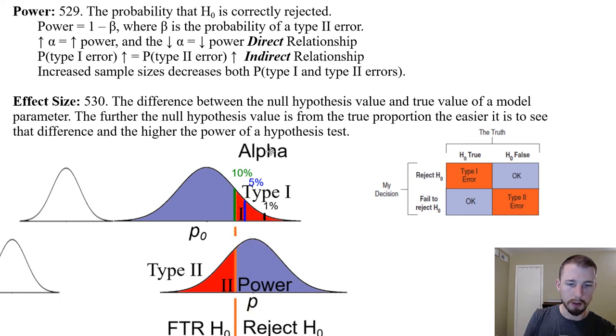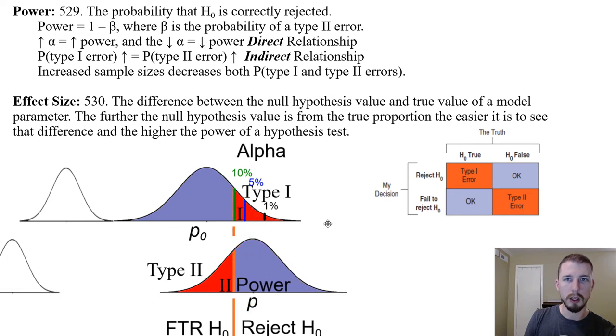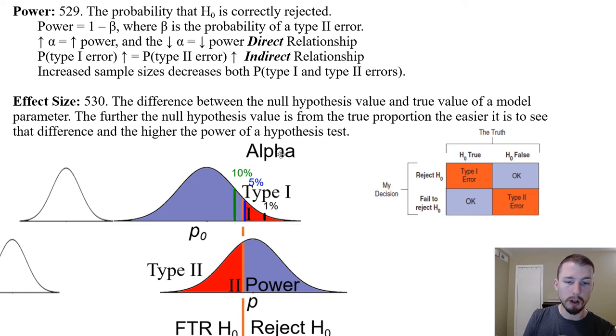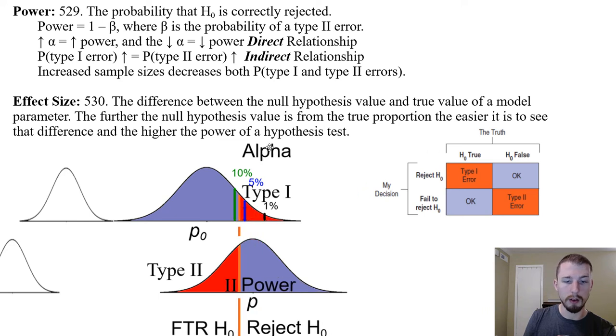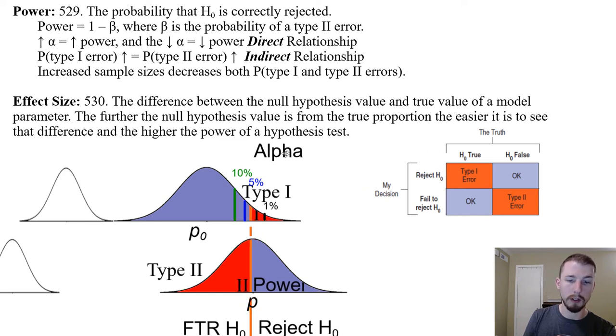Okay, so basically there's a direct trade-off between having a powerful, let's say, judicial system that's able to lock away guilty people, and the amount of innocent people we lock away as well. And as we increase our burden of proof, like beyond a reasonable doubt, it decreases the power of the test. So there's a direct trade-off between the power of the test and the alpha level that we set.